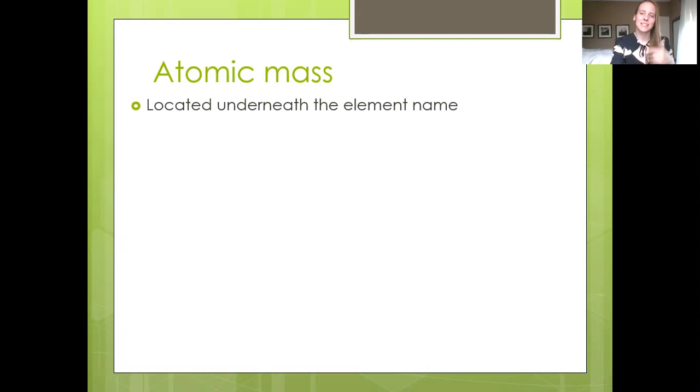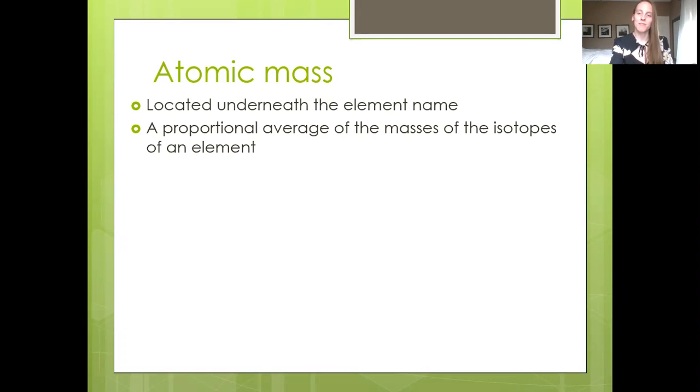Okay, the atomic mass is slightly different than the mass number. The atomic mass can be found on your periodic table. It is the number at the bottom of the little box that each element is in, and it is a proportional average of the masses of the different isotopes of an element that are found in nature.